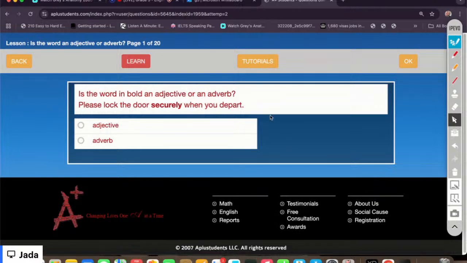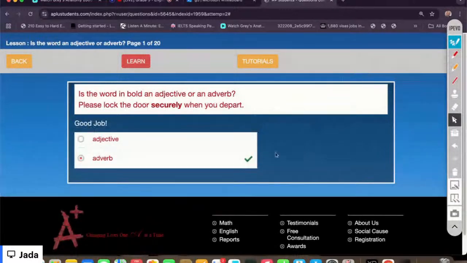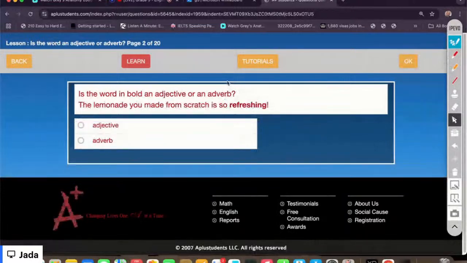So securely, is it an adverb or adjective? So we have option 2, adverb. Okay.